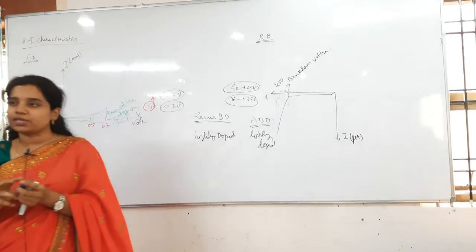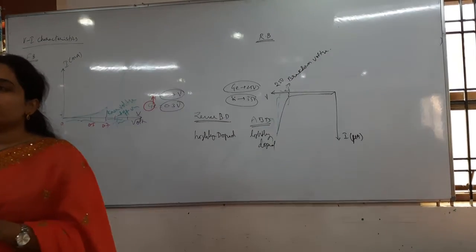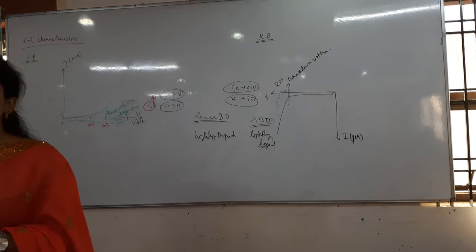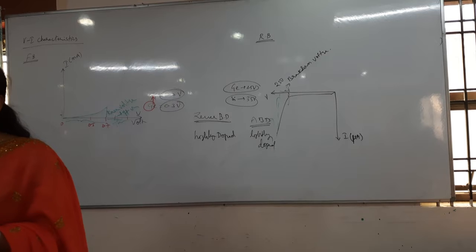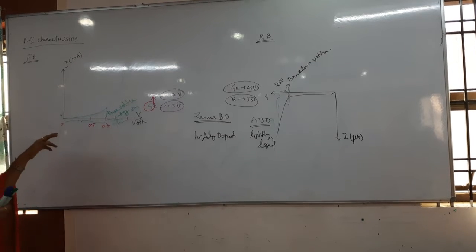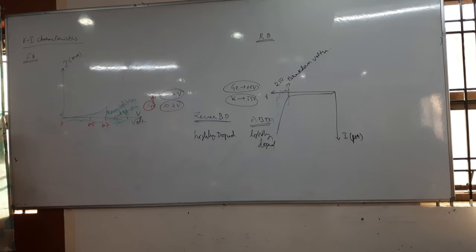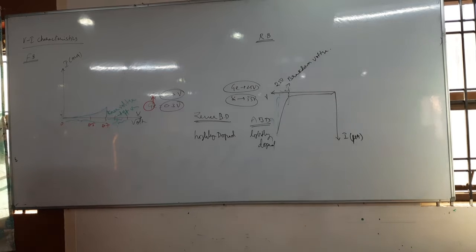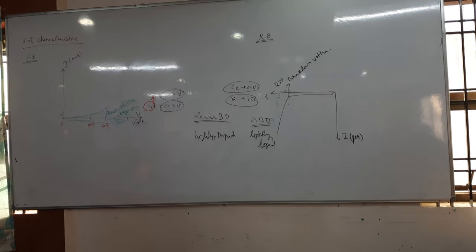In reverse bias, mainly we know already, whenever we are connecting the reverse voltage, it is increasing the barrier potential. It is supporting the existing electric field. But here in this case, what is happening? It was opposing the electric field and overcoming the knee voltage. After that only it is happening. What is happening here? Current is increasing.